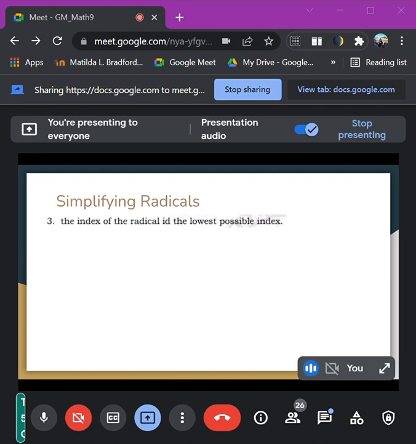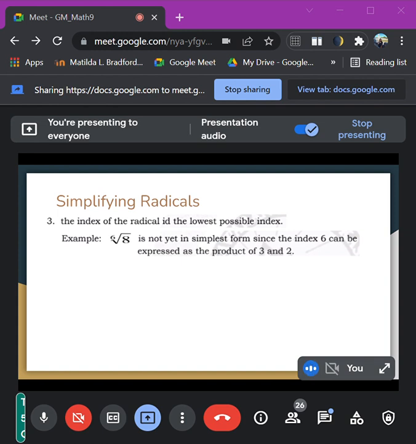The index of the radical should be in the lowest possible index. So you have there, for example, the 6th root of 8, which is not in the simplest form since the index can be expressed as the product of 3 and 2.